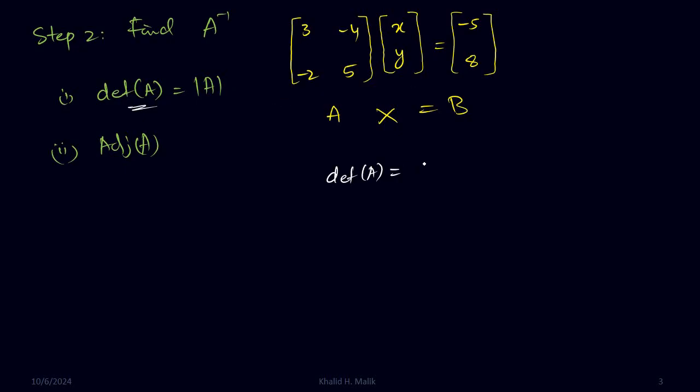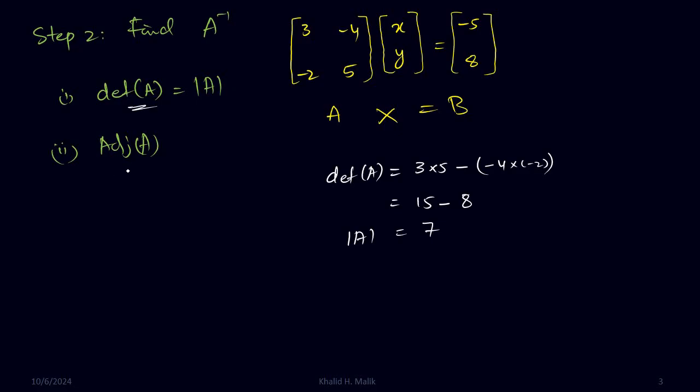So here we have 3 multiplied by 5 minus, and for the off-diagonal elements we have -2, -4, so we can write here -4 multiplied by -2. So it will become 3 times 5 is 15 minus -4 multiplied by -2, which becomes 8, and here we have 7, so we can write the determinant of A is equal to 7.